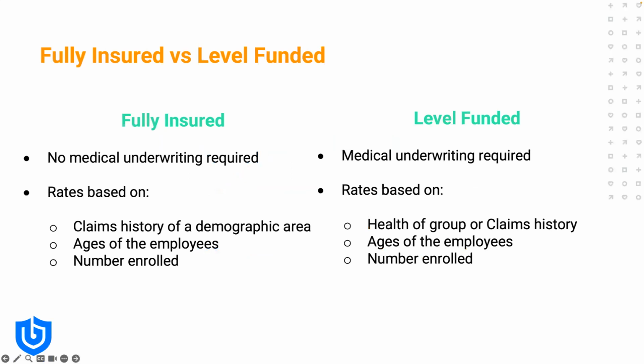Medical insurance policies for employers in the small group market are usually either considered fully insured or level funded. And pricing is based on who is enrolled, not who is eligible to enroll. To understand this concept, think about XYZ company, which has 10 employees ranging from age 26 to 64.